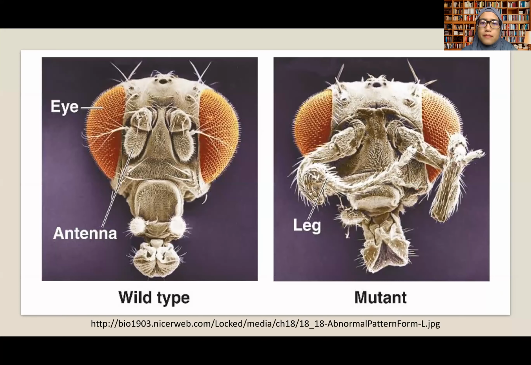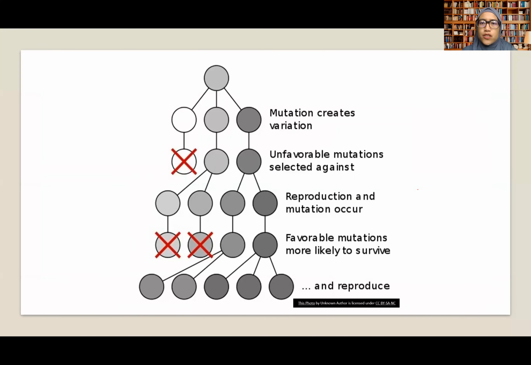So we talk about mutation. Mutation happens by chance. Sometimes the cell doesn't replicate the genetic material properly, and sometimes mutation happens because of other factors, for example radiation.